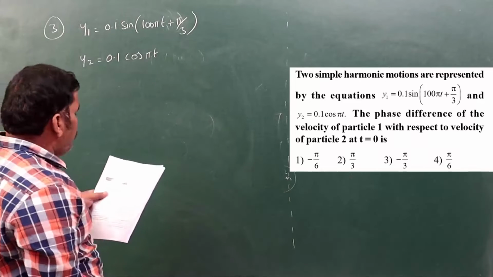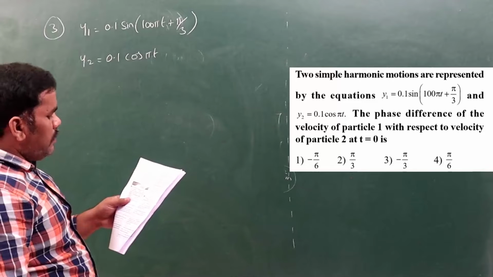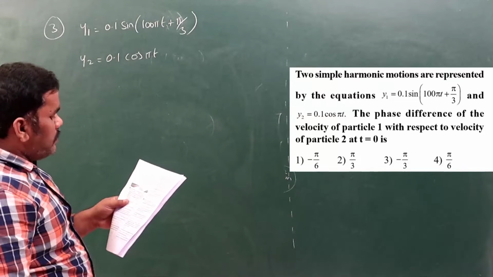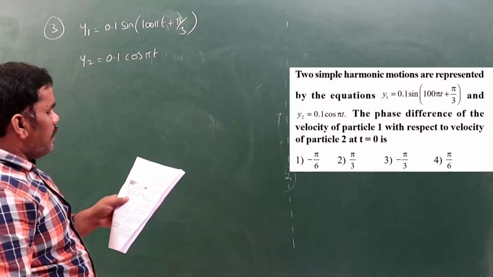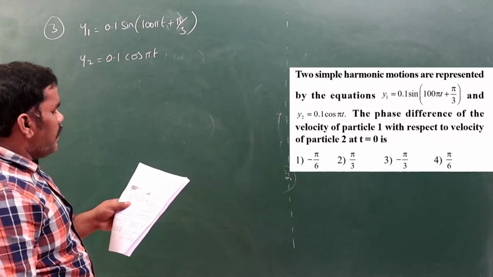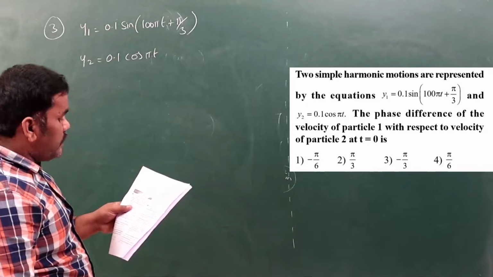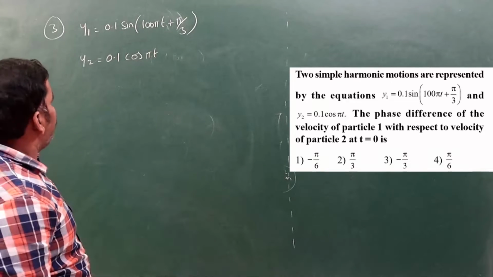The phase difference of the velocity of particle 1 with respect to the velocity of particle 2 at t is equal to 0 is.